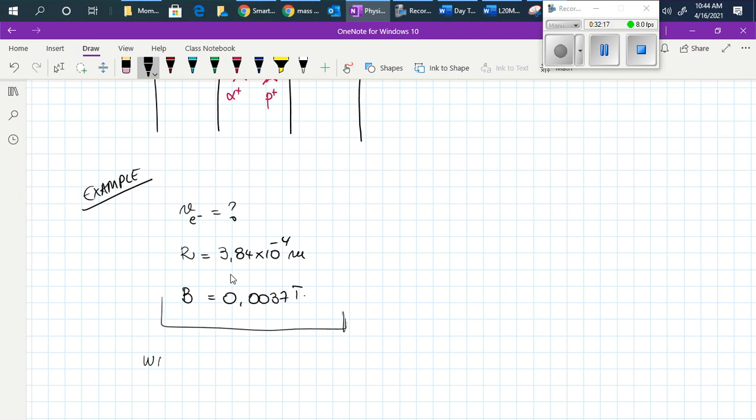And then, after you find that velocity, what should the velocity of a proton be so that it is having the same path, the same path as the electron?